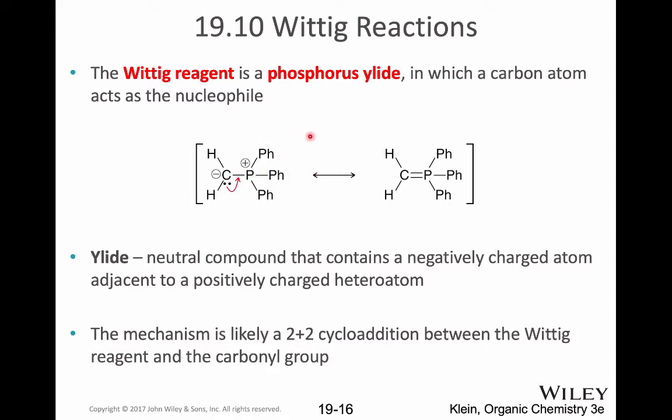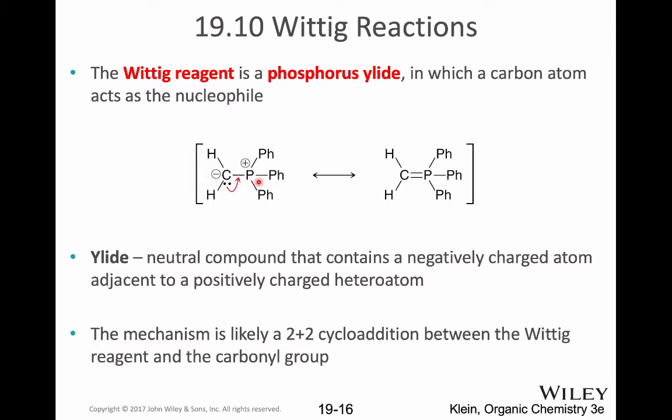This is really nice because even though this resonance structure of the ylide has the carbon with its octet filled, the phosphorus has expanded its octet, which phosphorus can do, but it's actually nicer to think about the phosphorus being in this situation here. The overlap between the carbon and the phosphorus isn't all that great to make a pi bond.